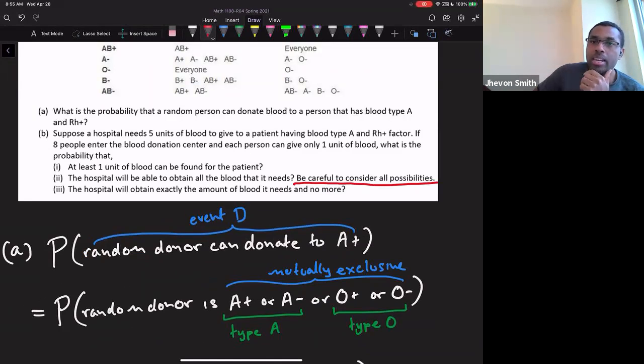We know that they need 5 for this person. But just saying that they'll get exactly 5 isn't quite the right thing, because if they got 6, they would also have enough for this person. If they got 7, they would also have enough. If they got 8, they would also have enough. There are more than one ways to actually get all the blood that they need.